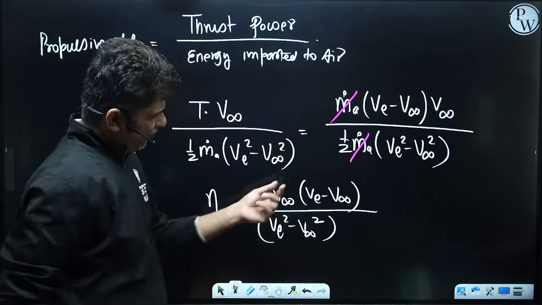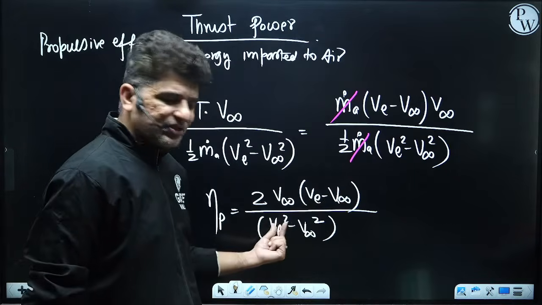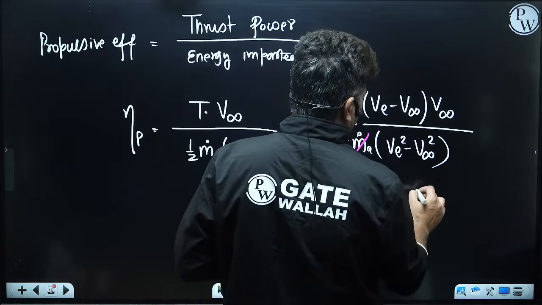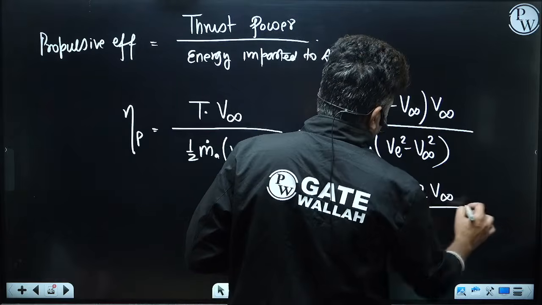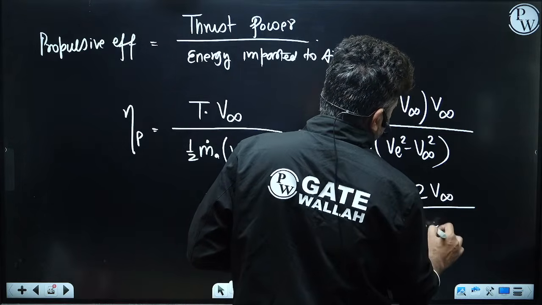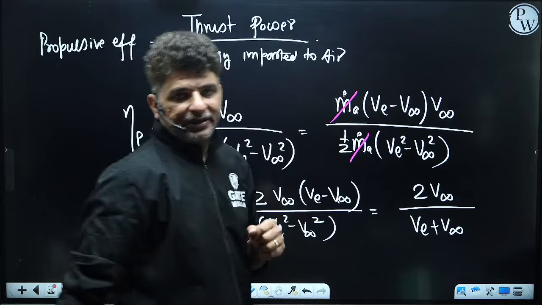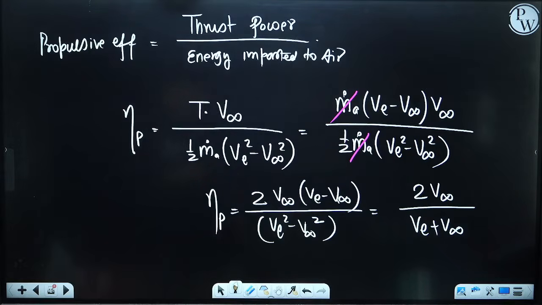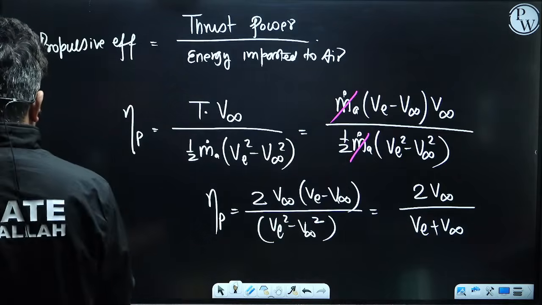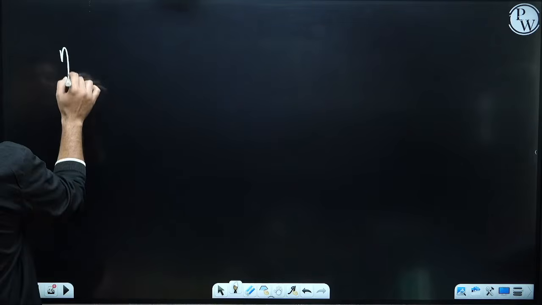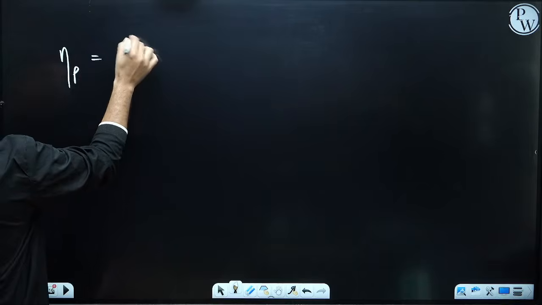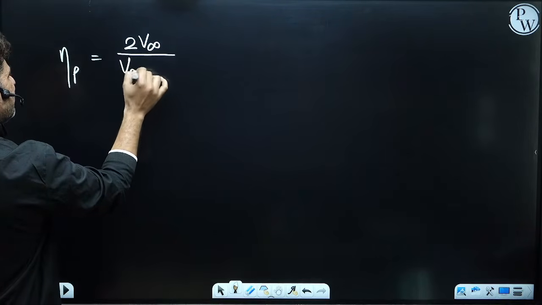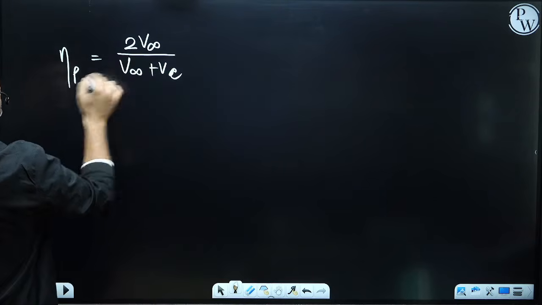So you see over here V exit minus V infinity, here V exit square minus V infinity square. When you simplify this, you get 2 into V infinity divided by V exit plus V infinity. This is the simplest form of propulsive efficiency: 2 times V infinity divided by V infinity plus V exit.